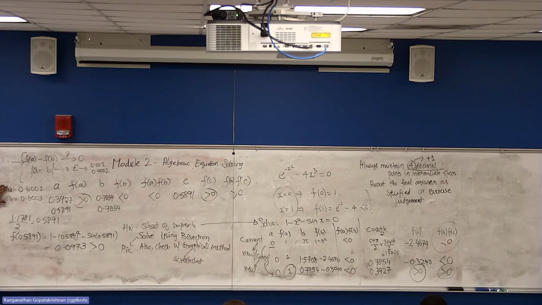You can report either a or b or their average, and it would be practically the same. The whole point of iteration is to get close enough that you can just say a, b, or (a plus b) by 2. Any one of them is an appropriate choice.